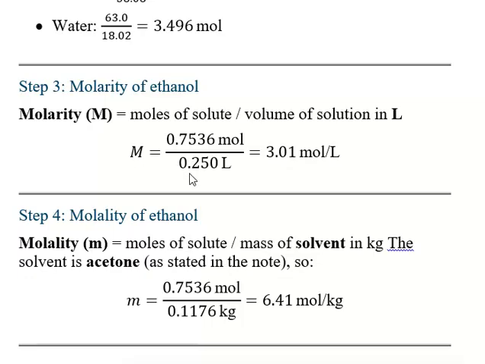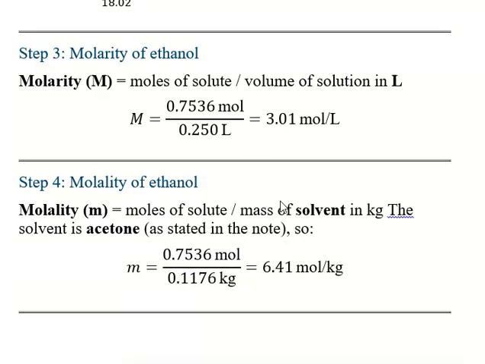That would be 0.25 liter. Number of moles of ethanol is 0.7536 moles we have calculated. From the number of moles we have calculated molarity is 3 mole per liter.